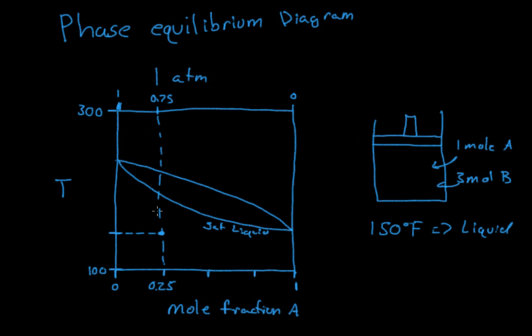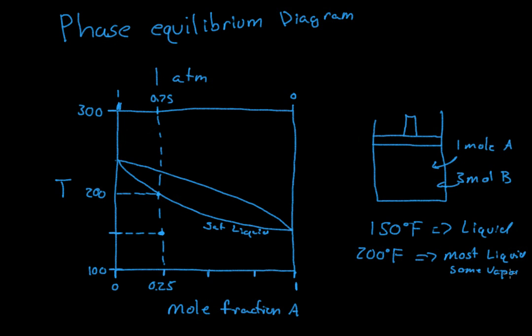We're going to move up by increasing the temperature of the system till we get to the saturated liquid line, and we'll say that's maybe around 200 degrees Fahrenheit. It's mostly liquid, but some vapor, a very small amount of vapor.